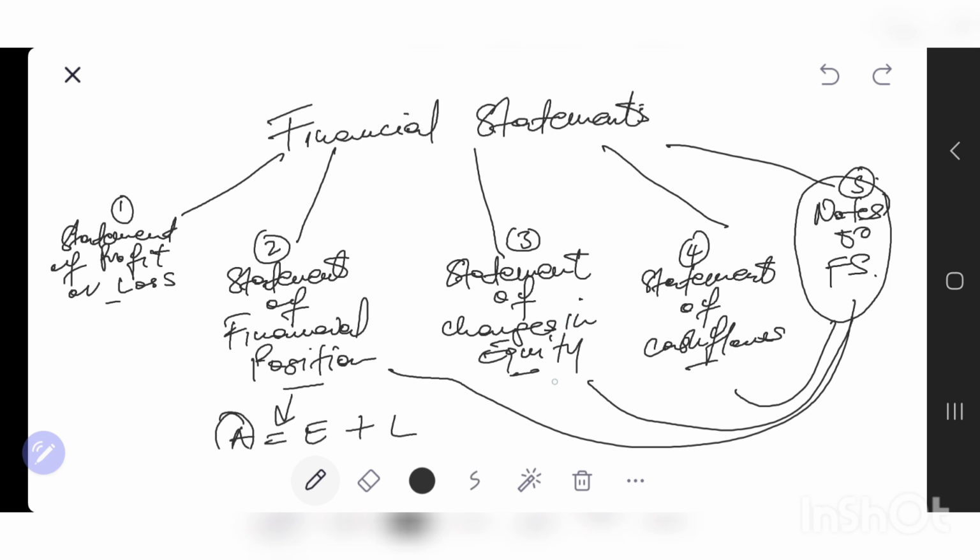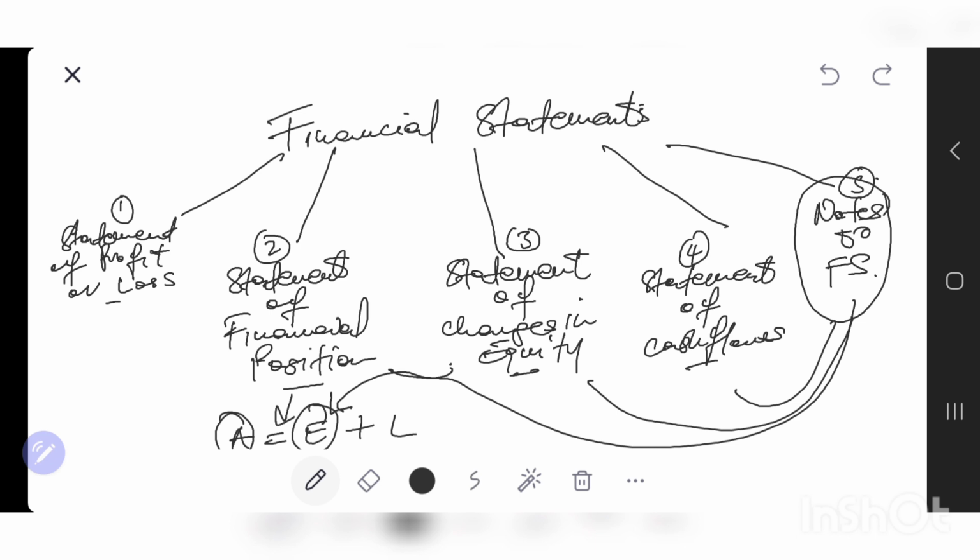And then the statement of changes in equity. Remember, I said that equity is provided by investors. So the statement of changes in equity tells us about the changes in this equity.